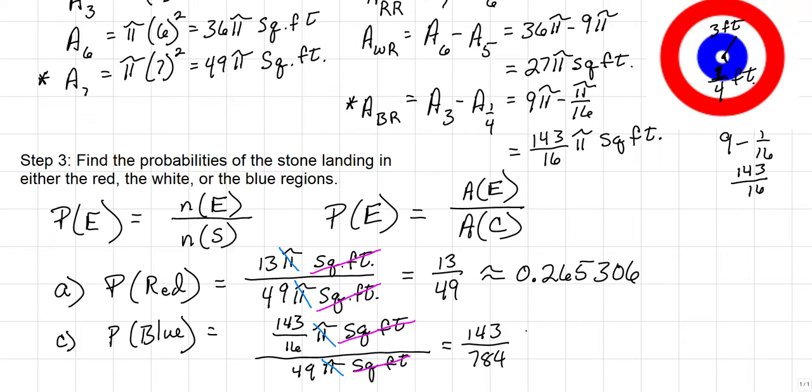And we can go ahead and convert that to an approximate decimal amount, and we'll go 6 decimal places once again, and it'll be 0.182398 rounded.